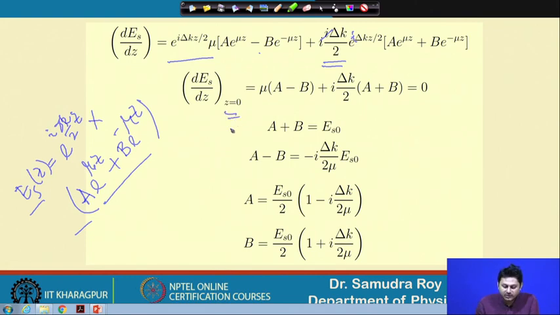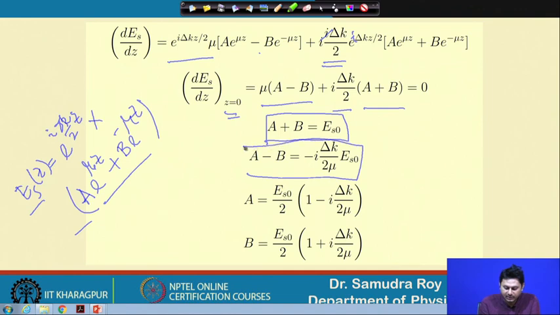So, at z equal to 0, if I put this, mu (A minus B) plus i delta k by 2 (A plus B) will be 0. A plus B is Es(0), which we already know, and if I put Es(0) here, then I also know the value of A minus B. So, A minus B is this quantity.